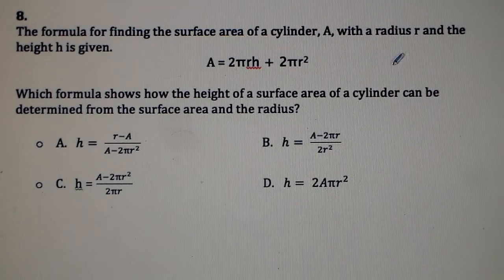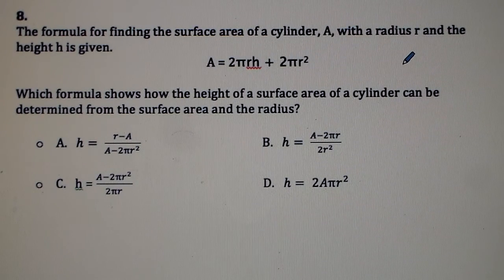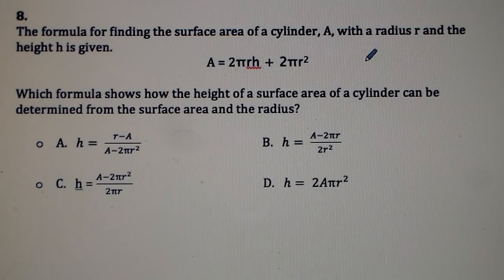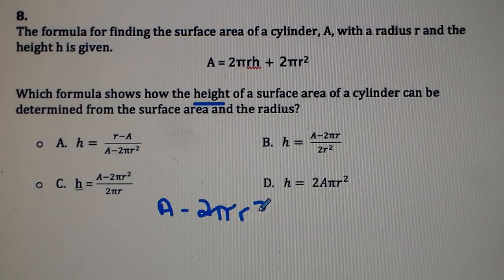Number 8. The formula for finding surface area of a cylinder is what we see here below. A is the area of the cylinder, r is the radius, and the height h is given. Now, which of the formulas shows how the height of the cylinder can be determined from the surface area and the radius? So our goal is to find the height, to get that h all by itself. So the opposite of plus 2 pi r squared is subtract 2 pi r squared. So we're going to take that area and we're going to subtract 2 pi r squared.